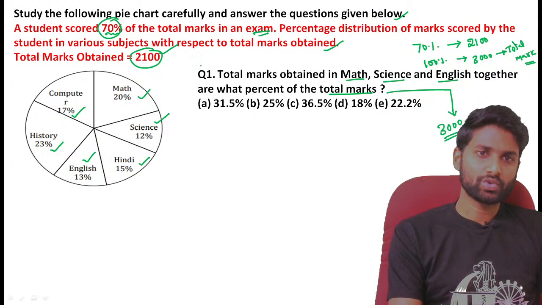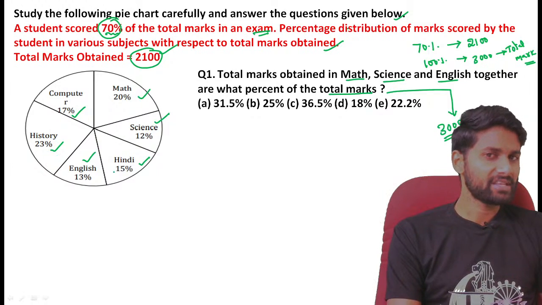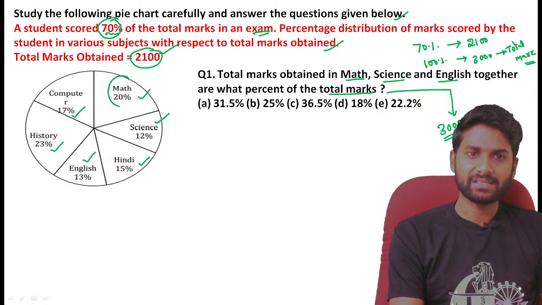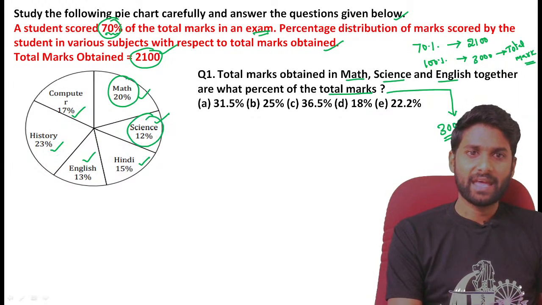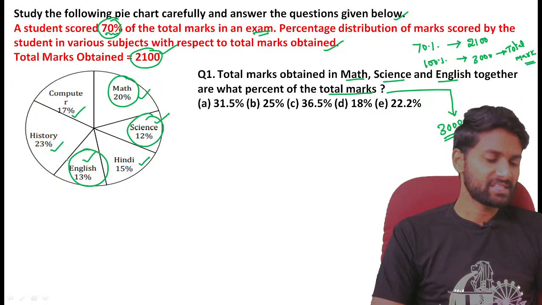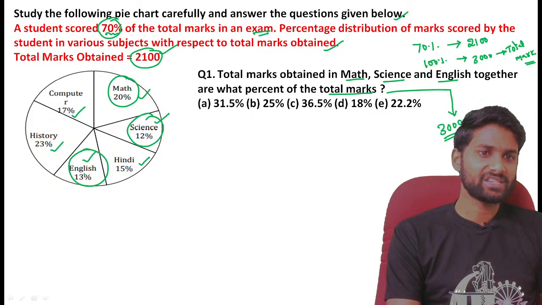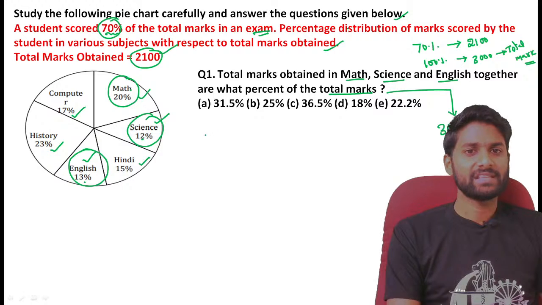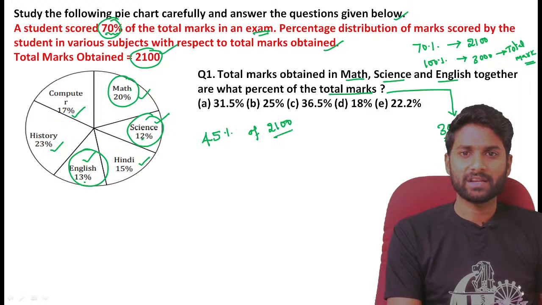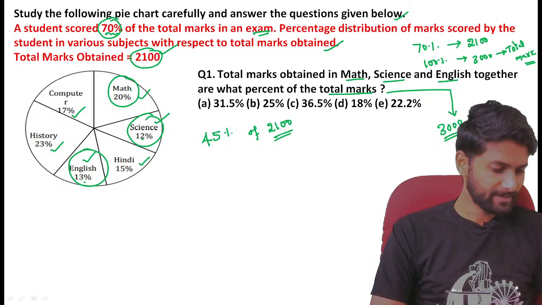Now, out of these 2100, the marks are distributed in various subjects, but we want only mathematics, science, and English. We require only these three subjects. Here maths is 20%, science is 12 and English is 15. 15 plus 12 is 27, 27 plus 20 is exactly 47%. We just need to calculate that percentage of 2100. That is the value you need to calculate.